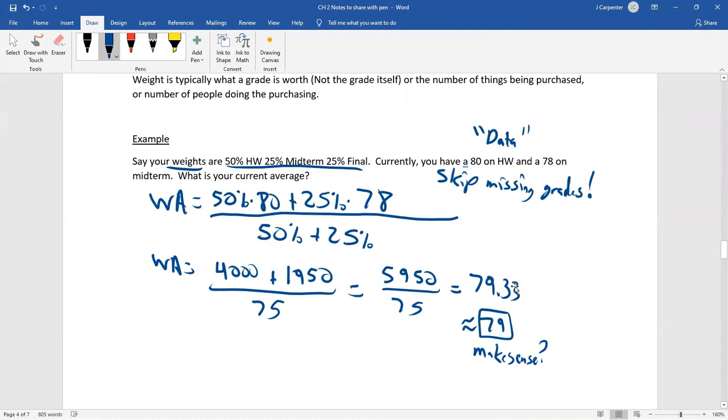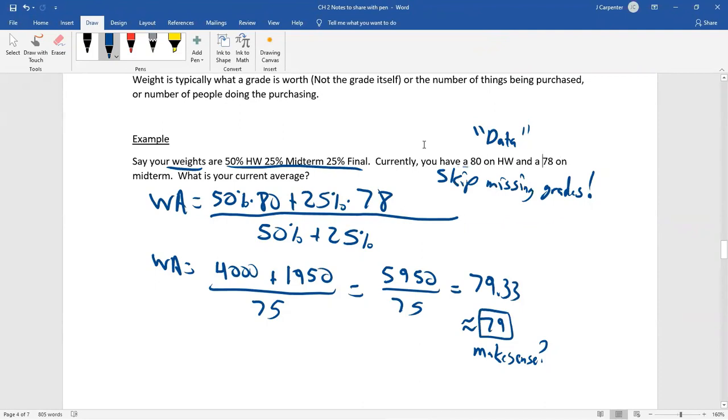If I calculated my average and it came out to be a 33, that would not make sense because I don't have any grades even close to that zone. If I have grades of 80 and 78 and I calculated my average to be a 95, that would not make sense. So your weighted average needs to be somewhere between the numbers given.